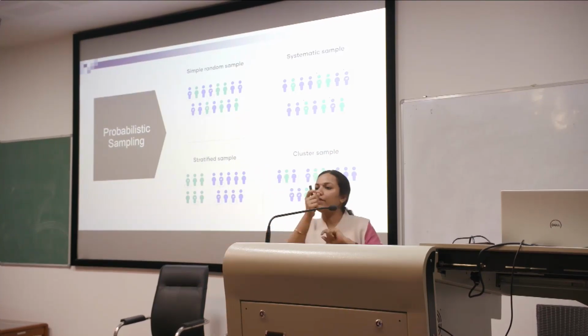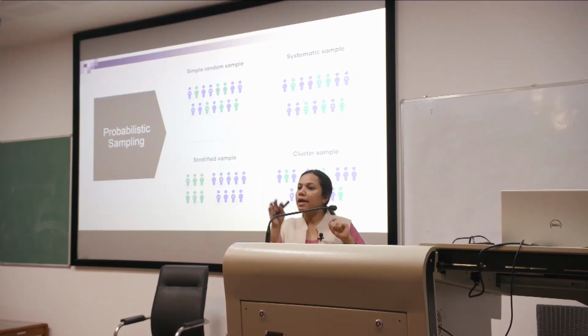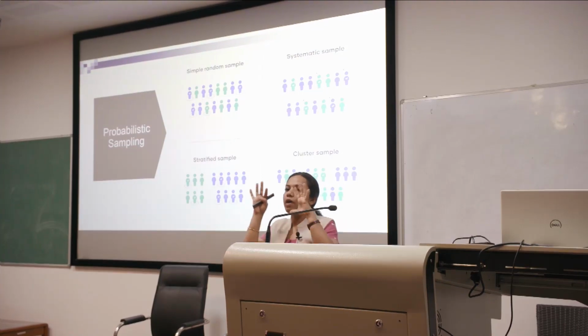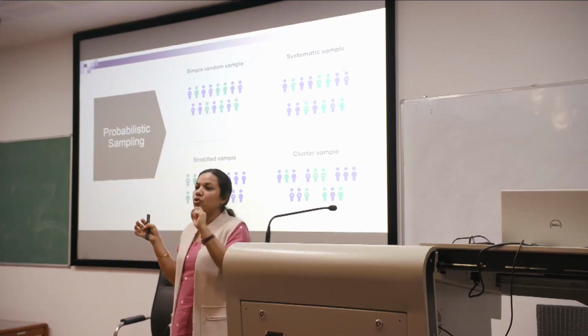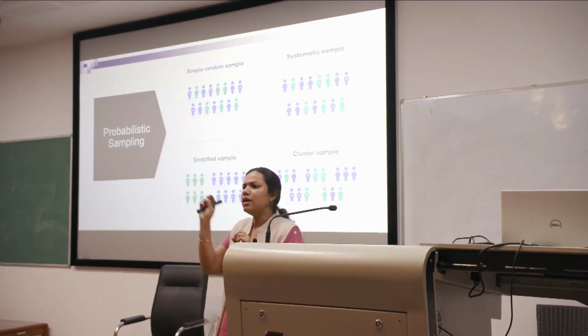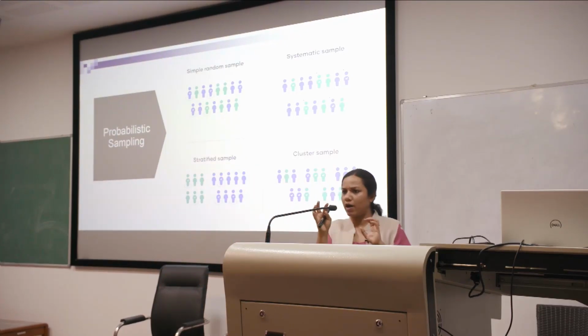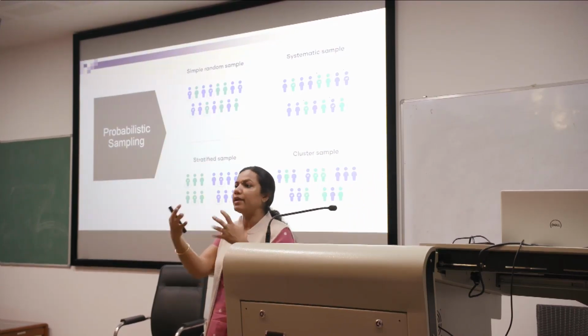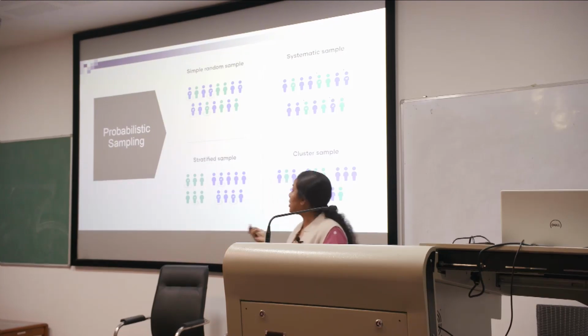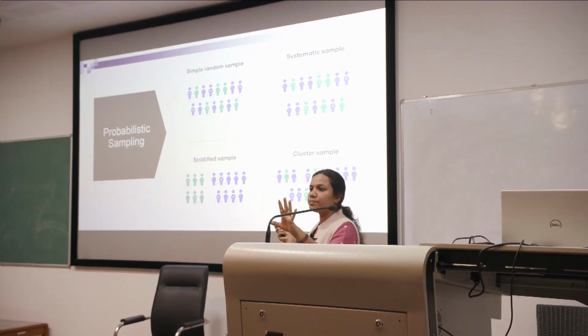You are just giving a number to each farmer and randomly picking out of, say, a total population of 100. Suppose you want 20 farmers: you randomly select some farmer numbers, interview those farmers and collect the data from them. That is called simple random. Clear?